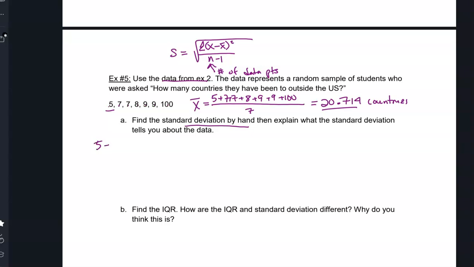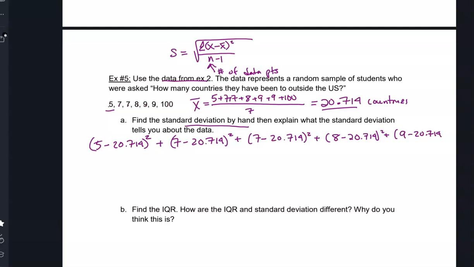So I'm going to take 5 minus 20.714 squared, and then add that to 7 minus 20.714 squared, and then do that again. 7 minus 20.714 squared, and 8 minus 20.714 squared, 9 minus 20.714 squared, keep going.